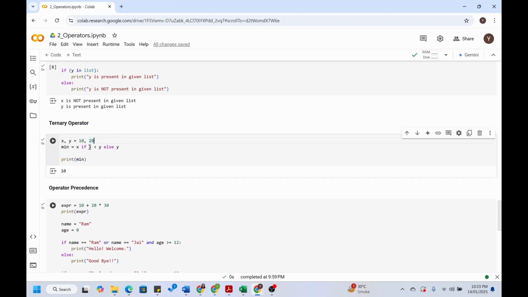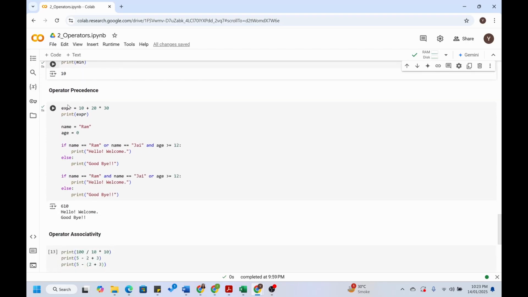So what I am saying is, if the value of x is less than y, which is true, else y. That means if my value of x is less than y, it should take the minimum value as x only, otherwise it will take y, that is 20. So now you can see it is printing 10, which is correct.